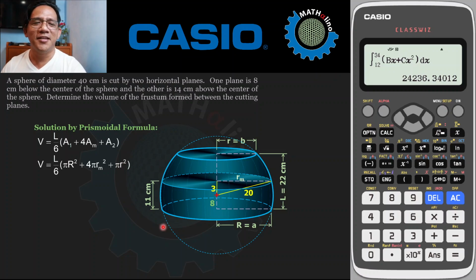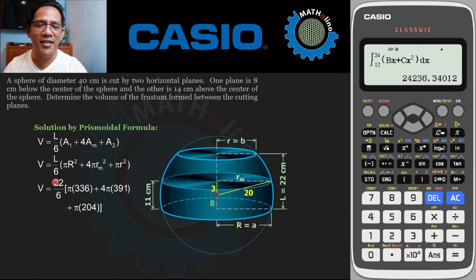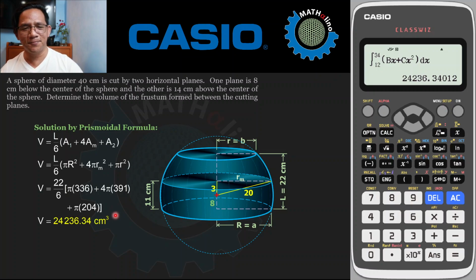All right, substitute. We have L is 22. We have this R squared, which we solved in the first solution, the traditional solution. You can do that by the Pythagorean theorem. That is the r squared, and we have this also from the first solution. We already solved this one. Calculate. That is the answer.